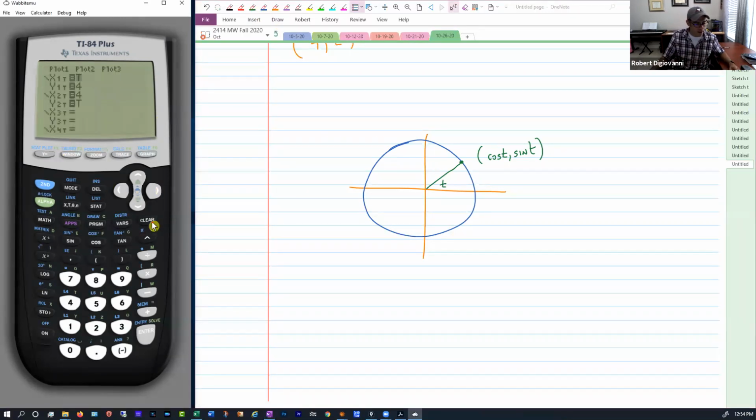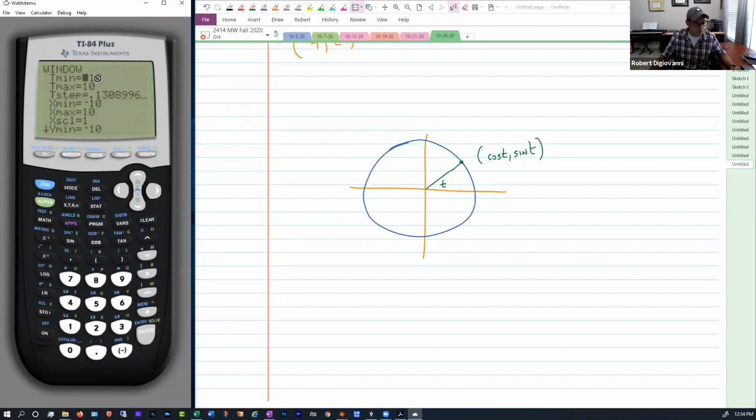Let me clear all this out. It's so hard to use this without being able to clear. Okay, let me go back up. If I put cosine t for the x and sine t for the y, t is like a clock in the background. It just drew me a circle.